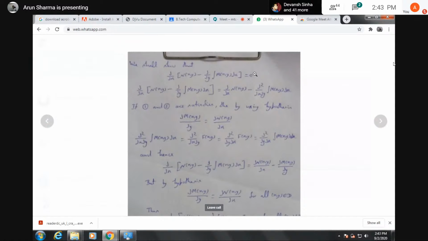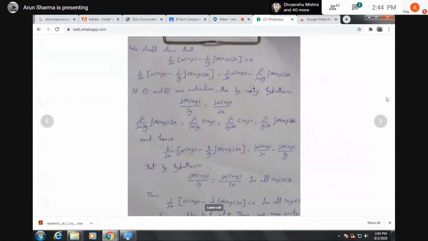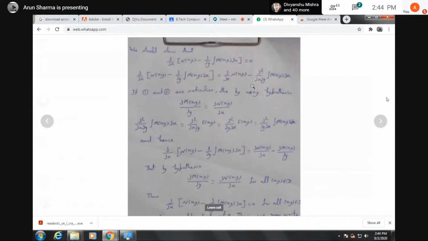So the derivative with respect to x equals 0, and we shall show how it is coming. If you see the next line, ∂/∂x of N(x,y) minus ∂/∂y of the integration of M(x,y) ∂x. Basically I am considering the left hand side and I will show it is equal to 0.